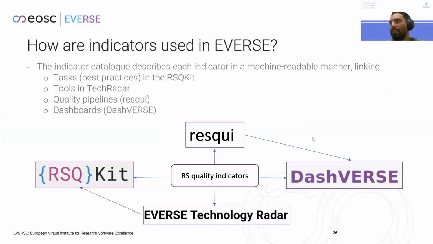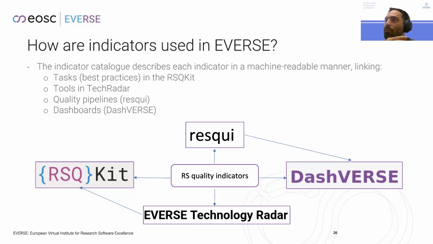And in the end, these indicators are a little bit of the backbone that powers the whole project, no? Because the indicators refer to the best practices in the RSQKit, just described by Michael. Then they are associated with measuring tools, or tools that can be used to improve them, in the TechRadar that will come later.